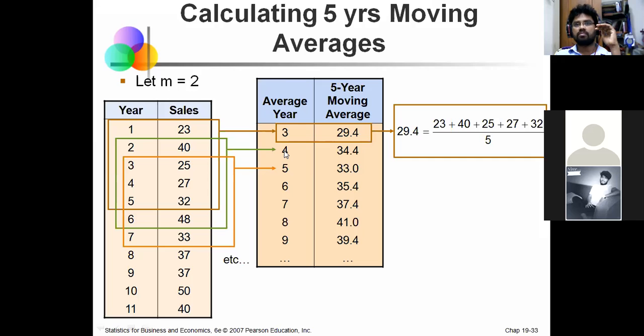There is a 4. Okay. Am I right? Yes, sir. For example, if you want to calculate the last one, 33, 37, 37, 50, and 40, you should get the value 39.4. Then you put this 39.4 opposite to 9, because from 7 to 11 the mid value is 9, right?